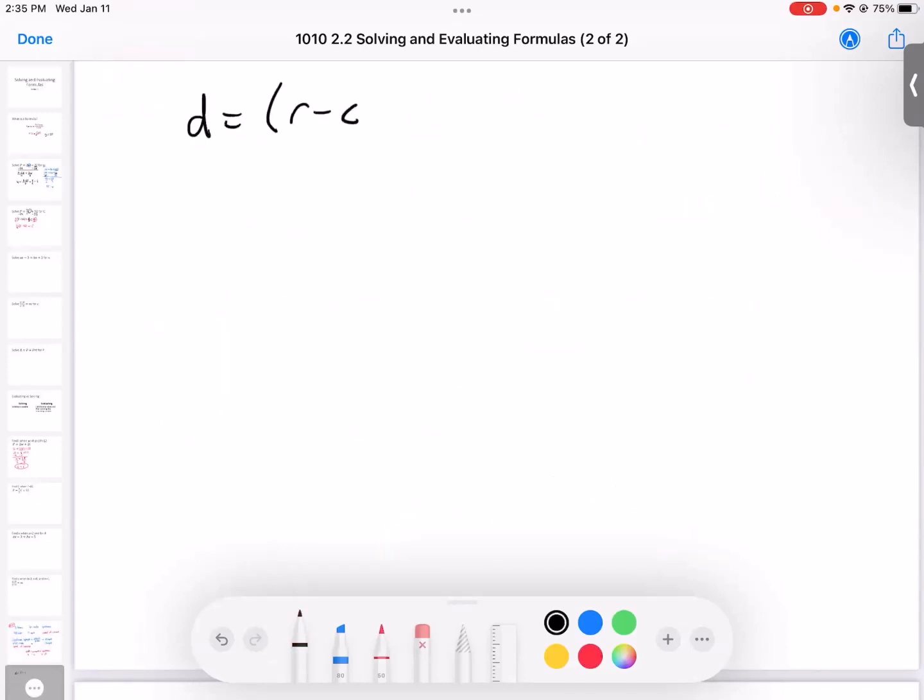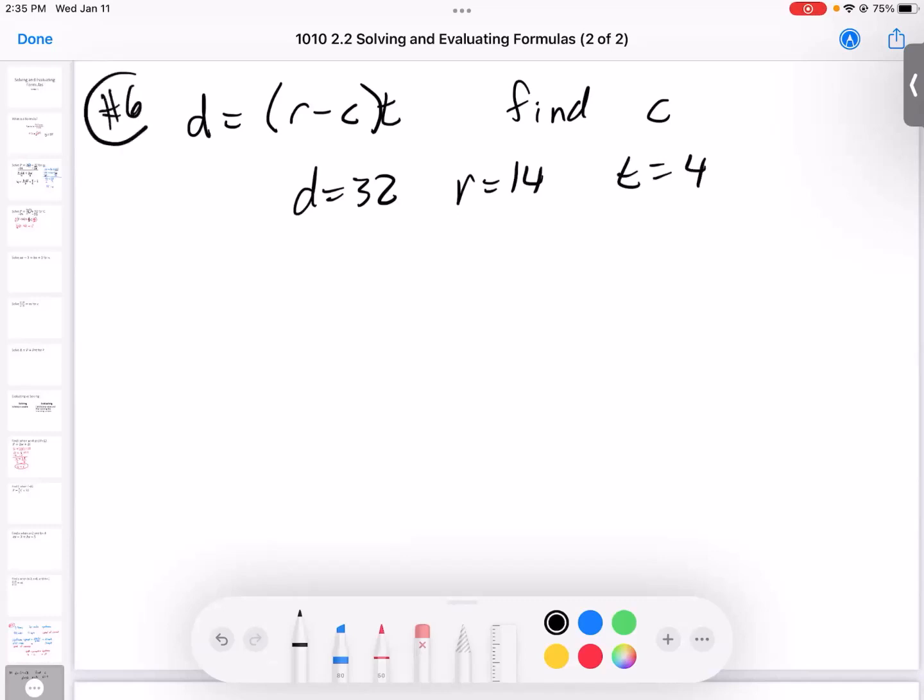In parentheses 14 minus C. 32. And this is number 6. Okay, I'm going to go over number 6 if you guys want help with this one.